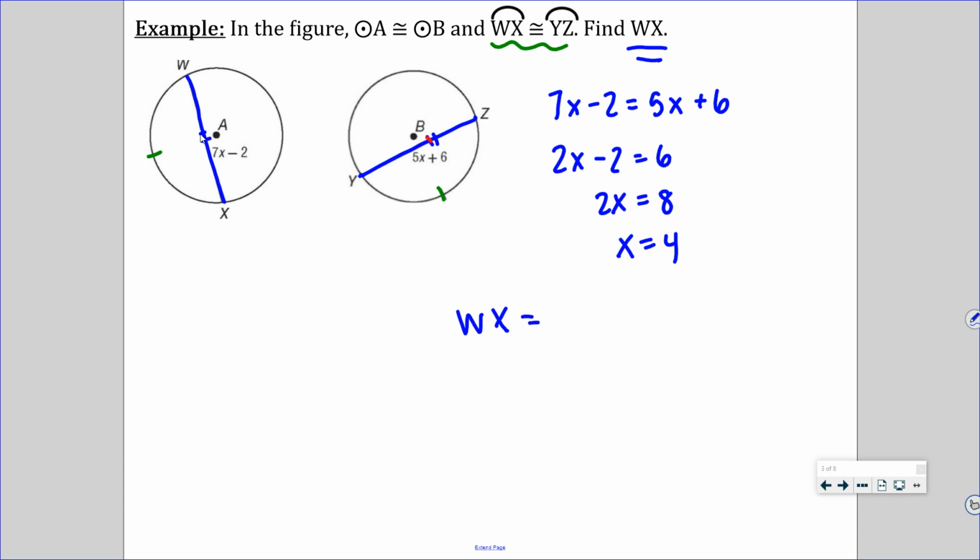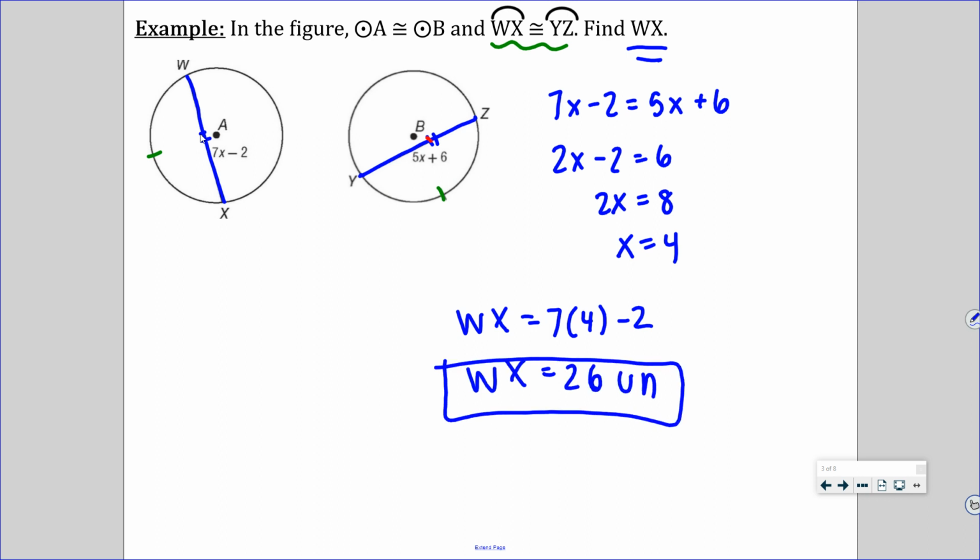So WX is 7X minus 2, 26 units. It's as easy as that. I wouldn't even have to plug X into YZ if they asked me to find that length, because I know it's the same. It's also going to be 26.